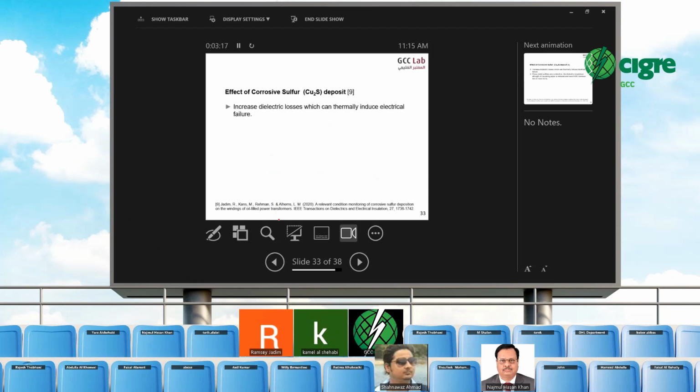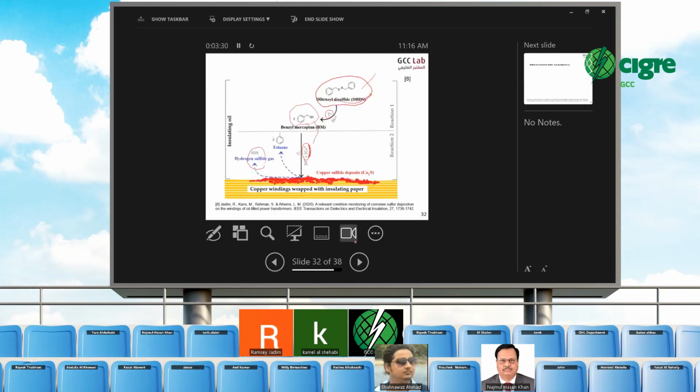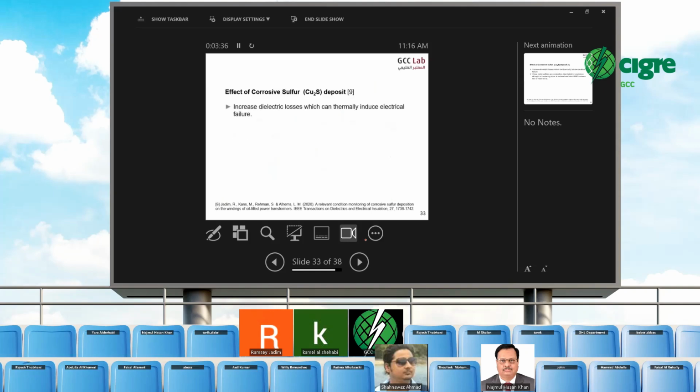The effect of corrosive sulfur, of course, is increased dielectric loss when the thermoelectric induced ferrous metal sulfides are conductive. By the way, this one is conductive. Copper sulfide is not conductive, it is semiconductive.